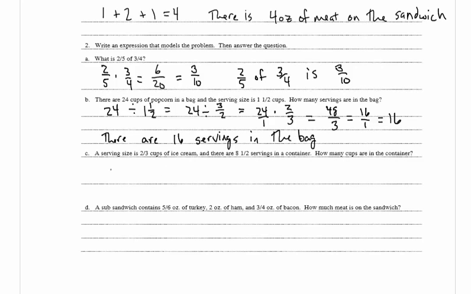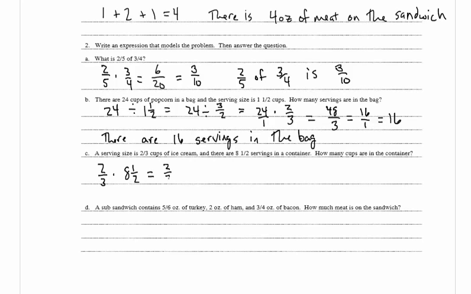In C it says, a serving size is 2/3 of a cup of ice cream, and there are 8.5 servings in a container. How many cups are in the container? So in order to find how many cups, we're going to want to multiply the serving size, which was 2/3, times the servings per container, which was 8 and 1/2. And now we're going to turn our mixed fraction into an improper fraction.